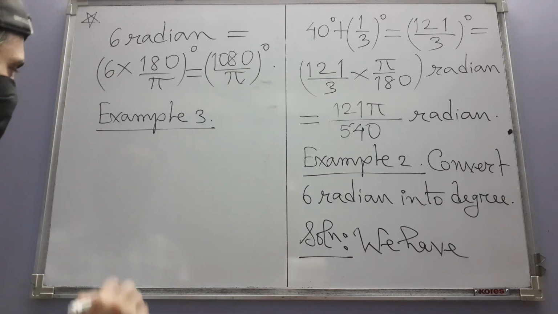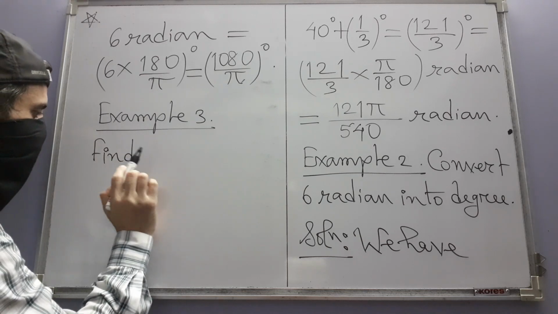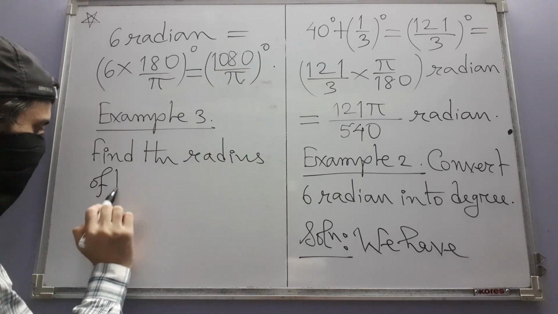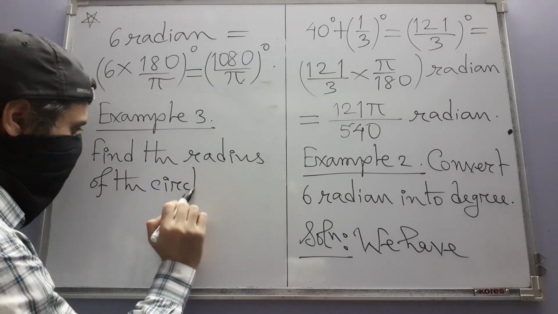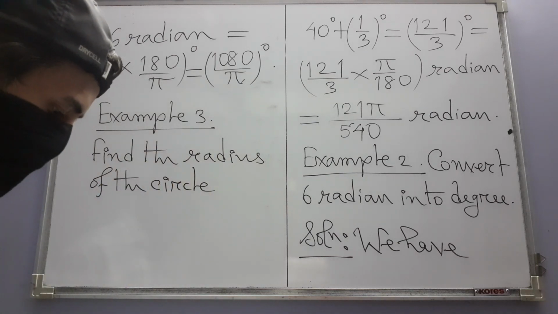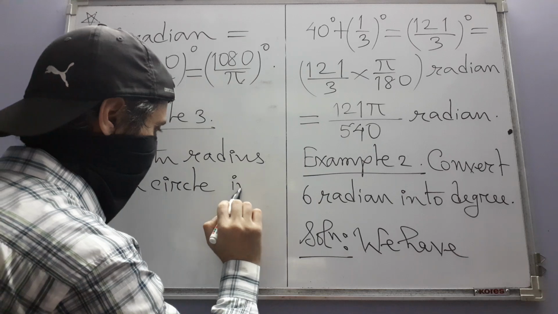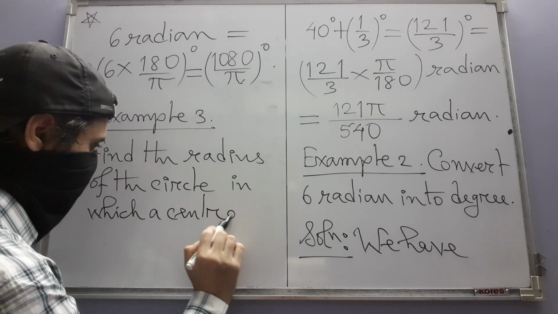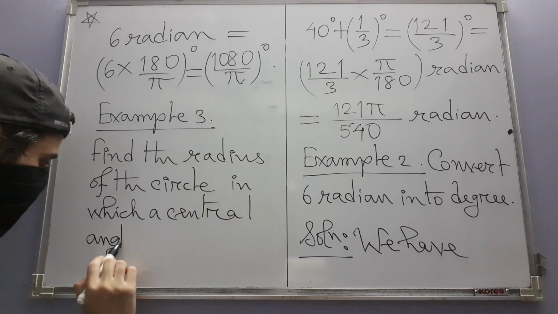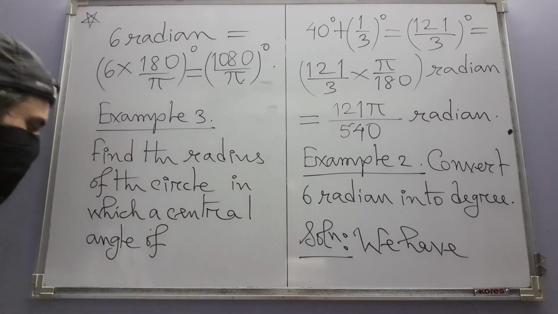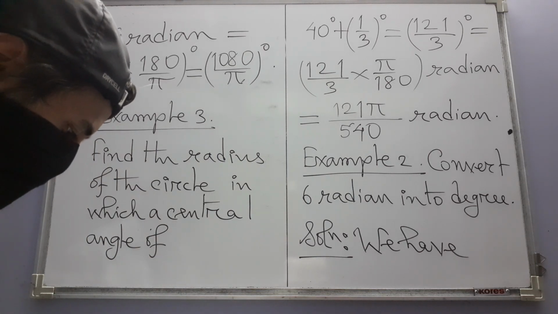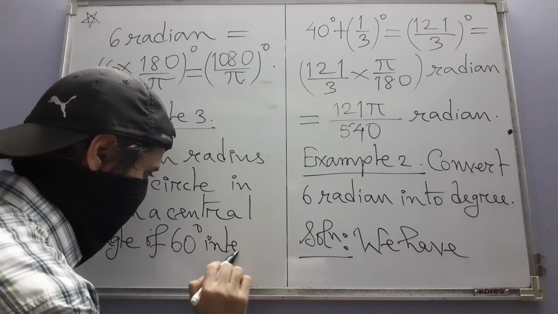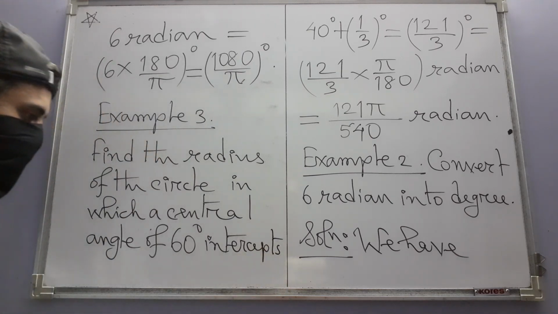Find the radius of the circle in which a central angle of 60 degree intercepts some circular arc.